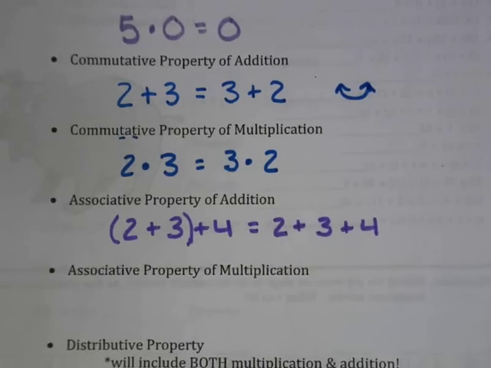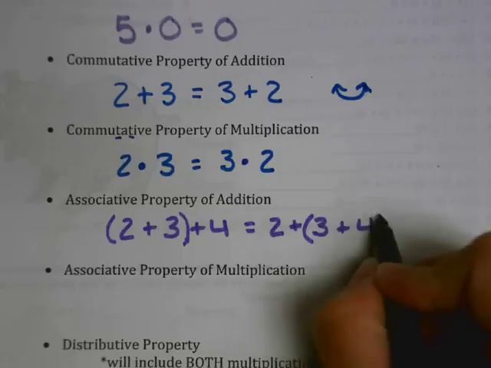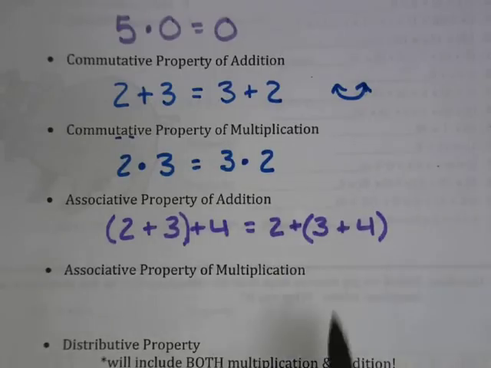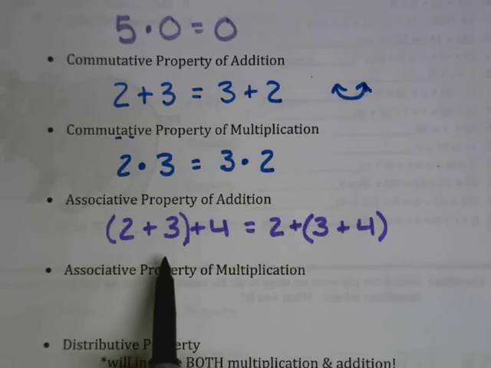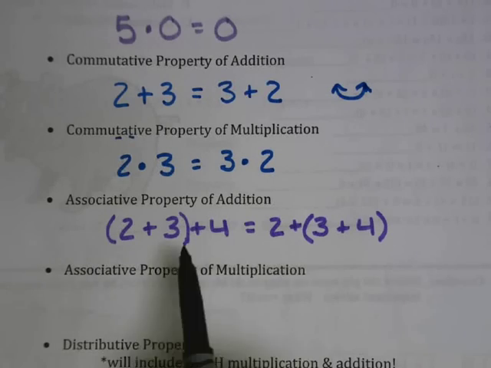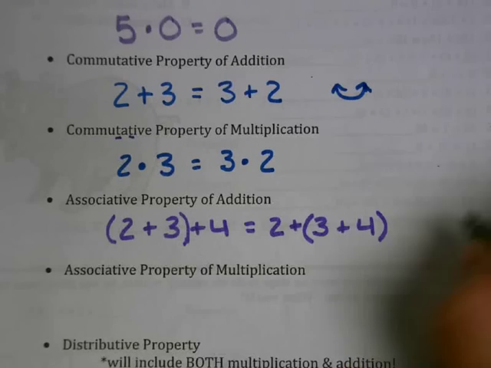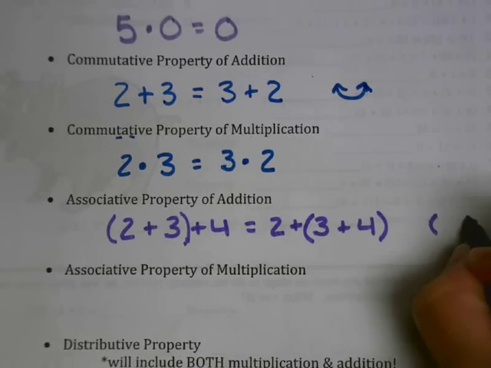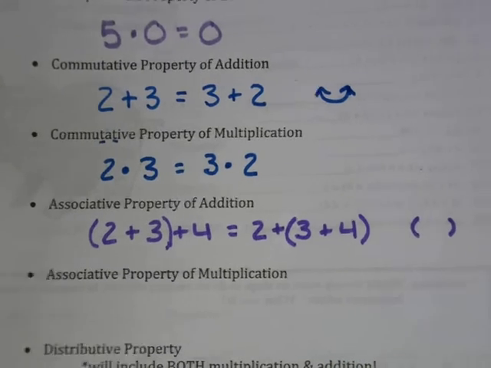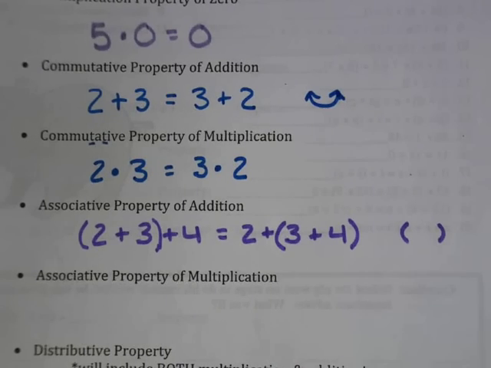I could put parentheses around the 3 plus 4, and I'd still get the same answer. So 3 plus 4 is 7, plus another 2 gives me 9 as well, which is the same as the 9 that we have over here. So that's the associative property. It means you can move around the parentheses wherever you want to in the problem. So I'm going to put a little parentheses around there just as my little reminder that it's moving parentheses around.